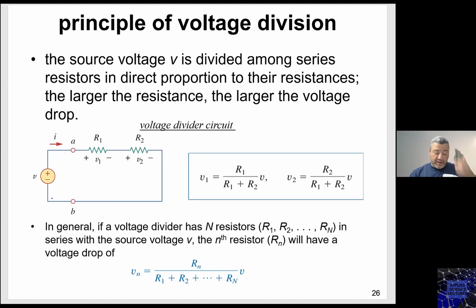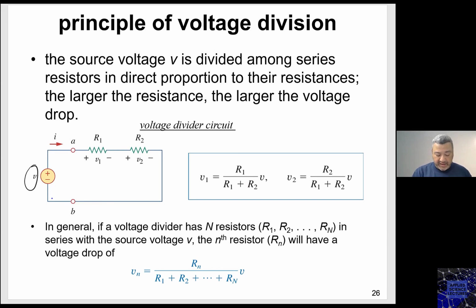Now, the voltage division rule is basically finding the voltage, knowing the resistors. So, for example, in this circuit, I have R1 and R2 in series, and I know R1, I know R2, and I know the total voltage. You can call it a shortcut to calculate V1 by the voltage division.